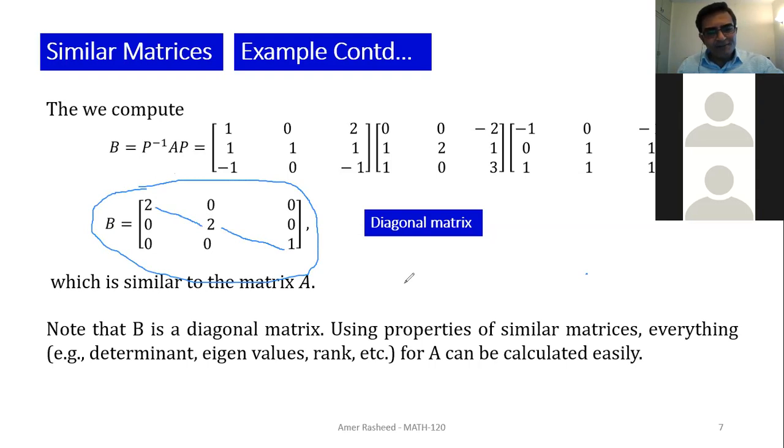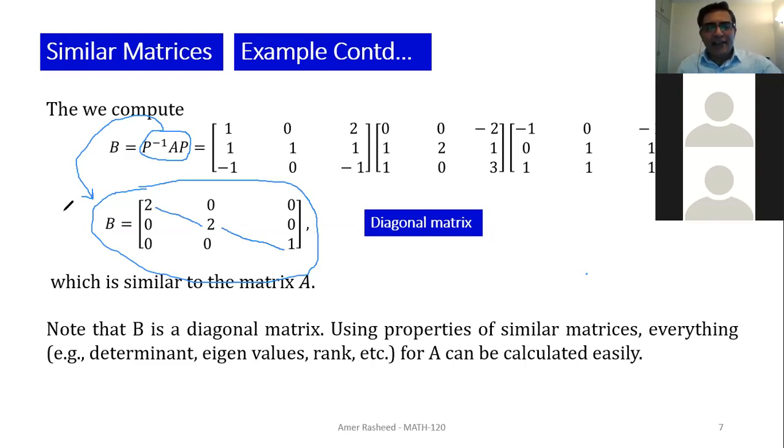What if there exists a P so that when we multiply P inverse, A and P, we always get B as a diagonal matrix? Is this possible? Yes or no? Yes.